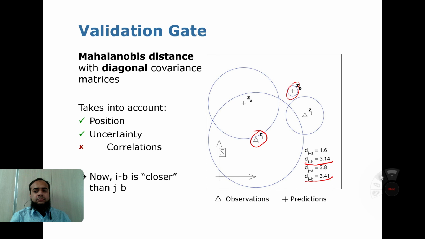The JB distance may be an uncertain measurement, so here the distance is closer for IB.